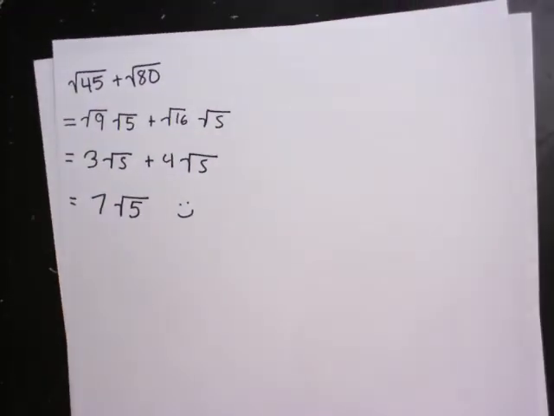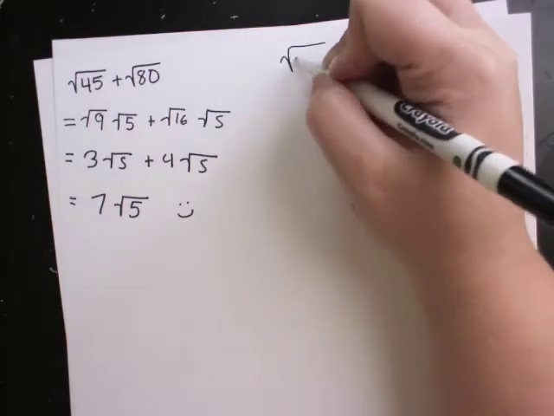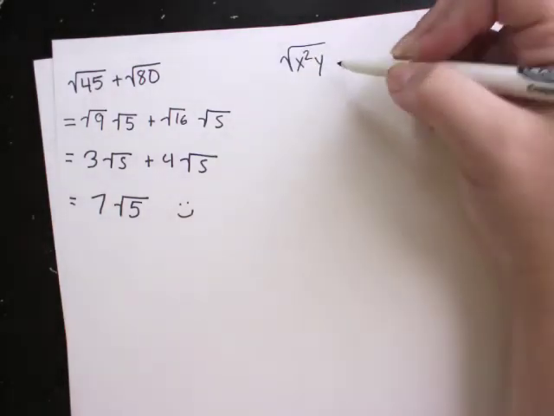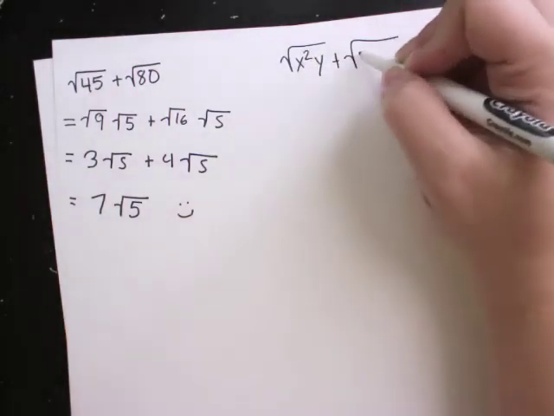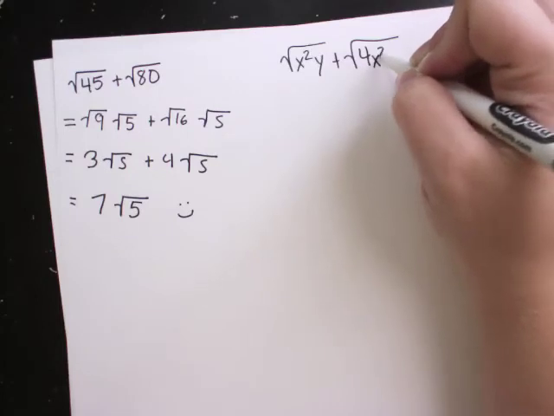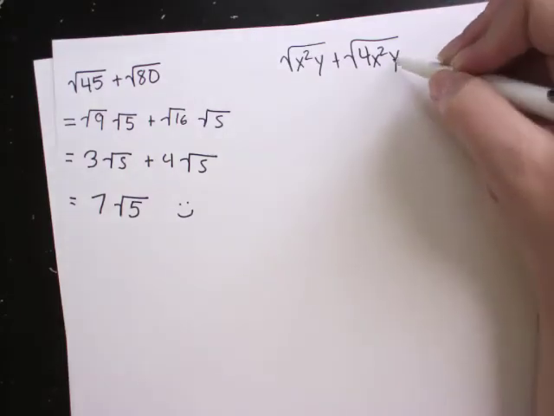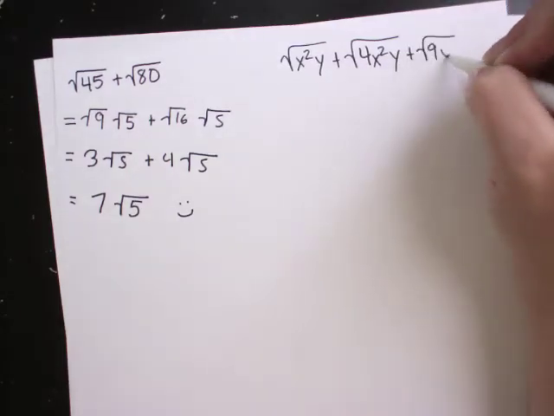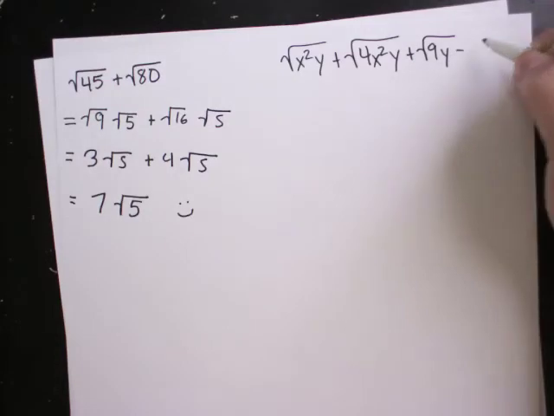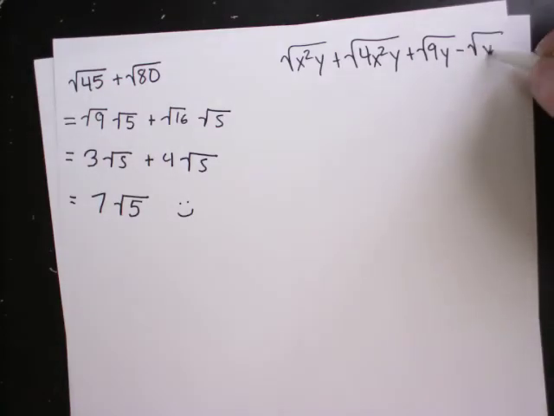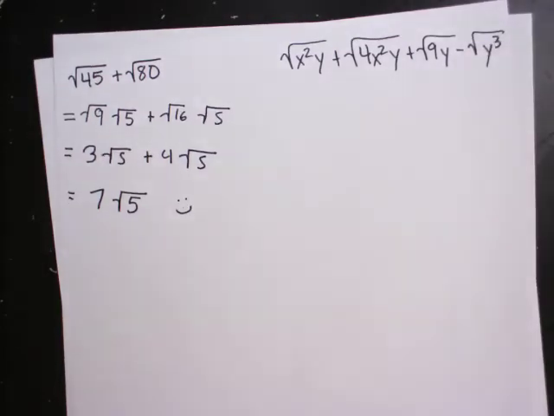All right, square root of x squared y plus 4x squared y plus 9y minus y cubed. What, was that not what you wanted? You said you like variables.